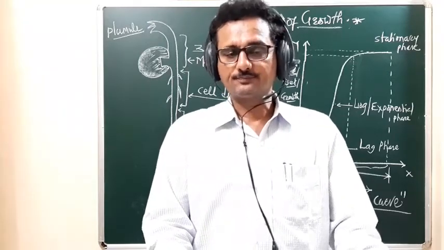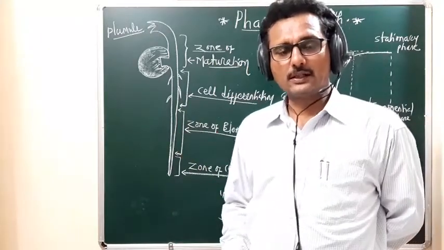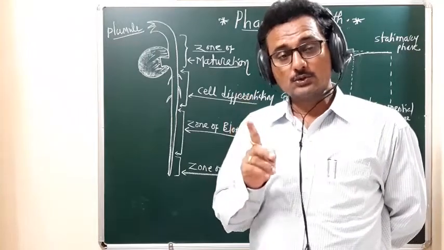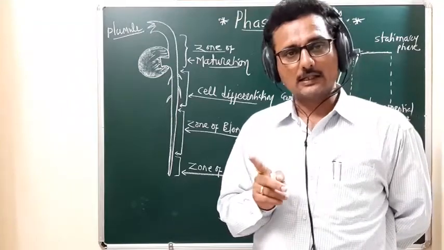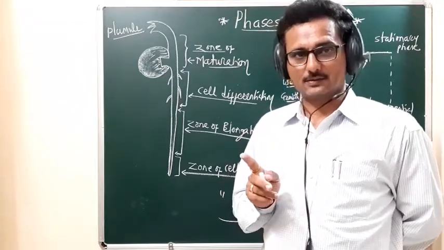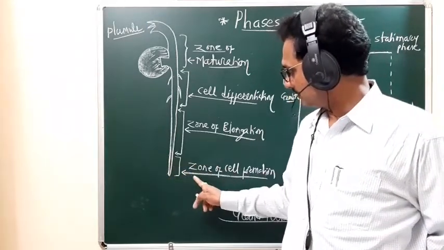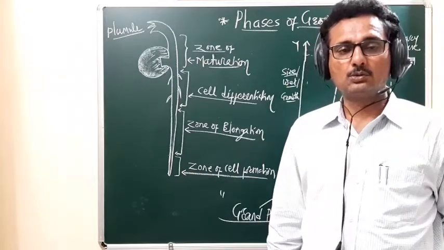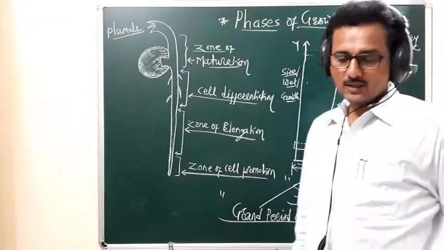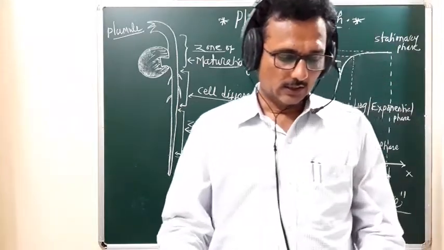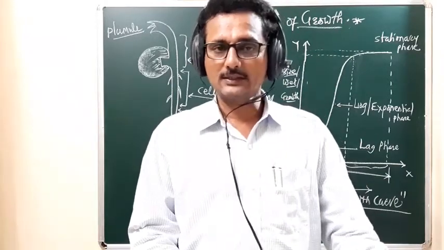So remember students, this zone of elongation never shows abundant plasmodesmatal connections. Plasmodesmatal connections are there, but their number decreases, so they are not in abundance. Maximum plasmodesmatal connections are seen at the zone of cell formation. So the correct answer is the fourth option, both A and B.